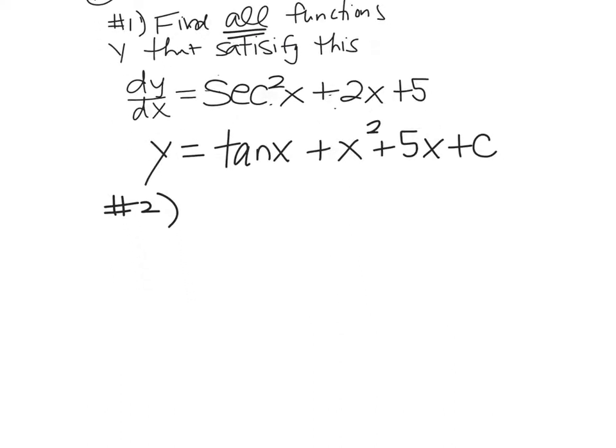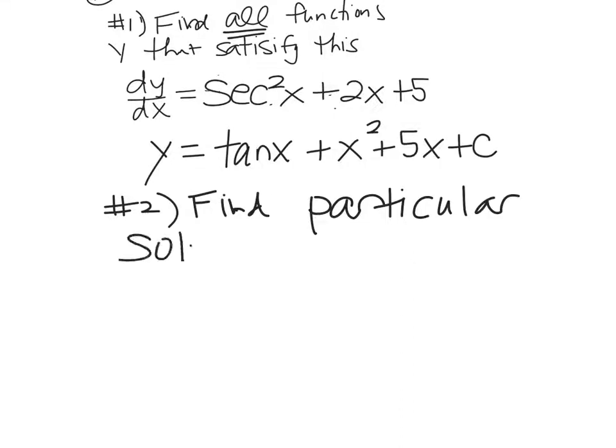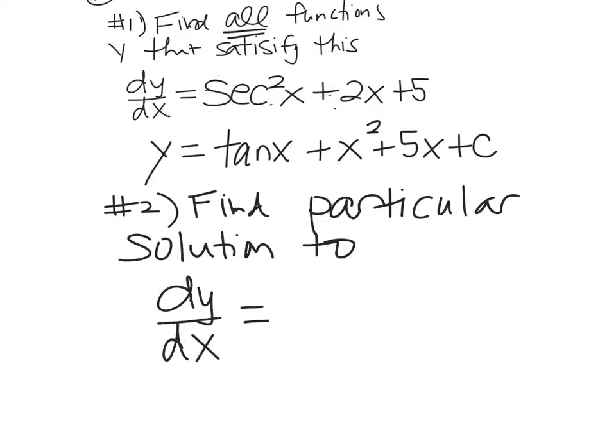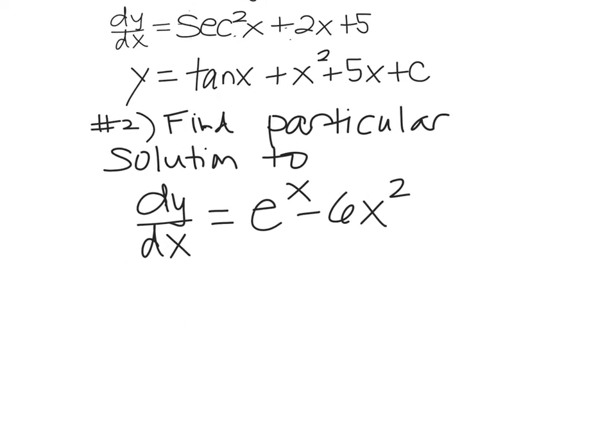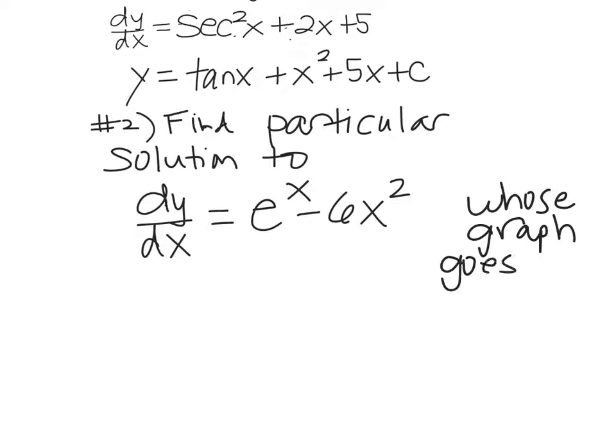So this one right here is to find the particular function or solution to dy dx equals e to the x minus 6x squared, whose graph goes through the point 1, 0.